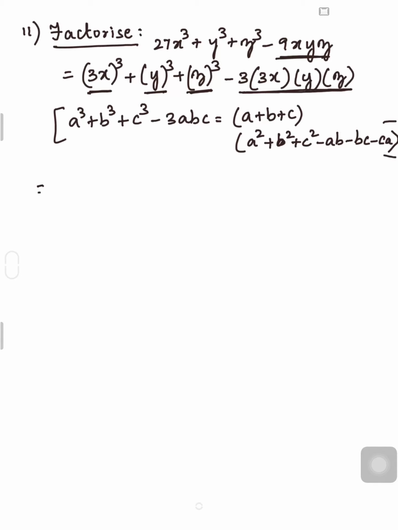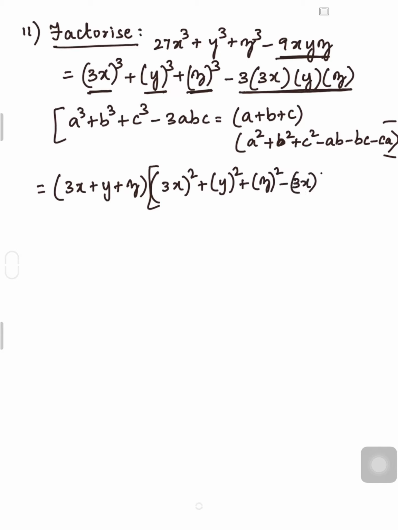So it is equal to, in the place of a, what should I write? 3x, plus what is b? y, plus what is c? z, into a square. So what is a squared? (3x) whole square, plus what is b? (y) whole square, plus what is c? (z) whole square, minus a into b, minus b into c, minus c into a.